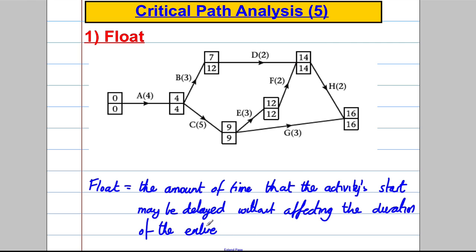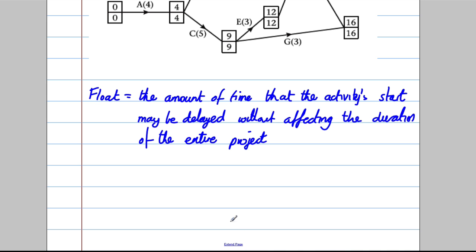So you should copy that down. And there's going to be a way of calculating it.